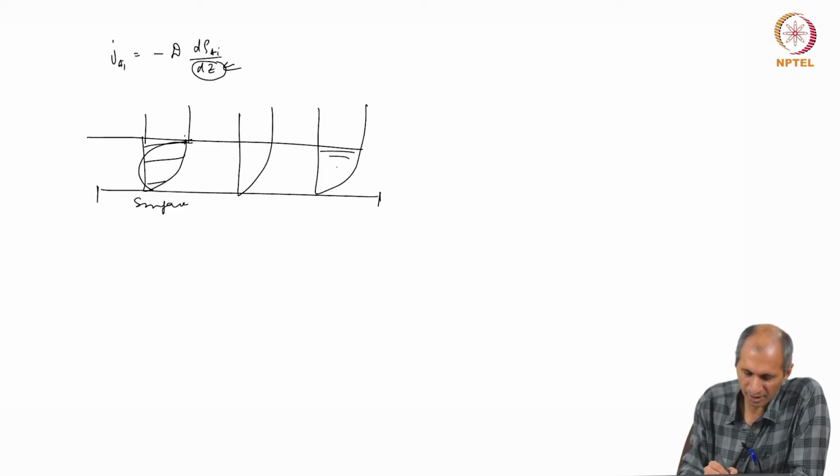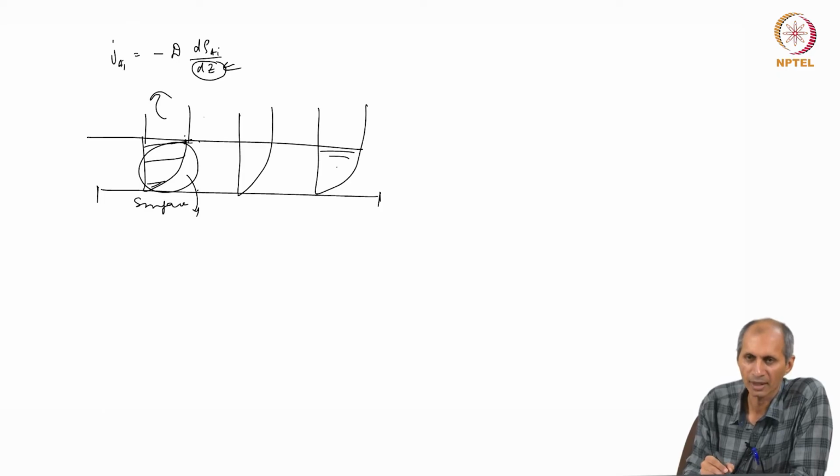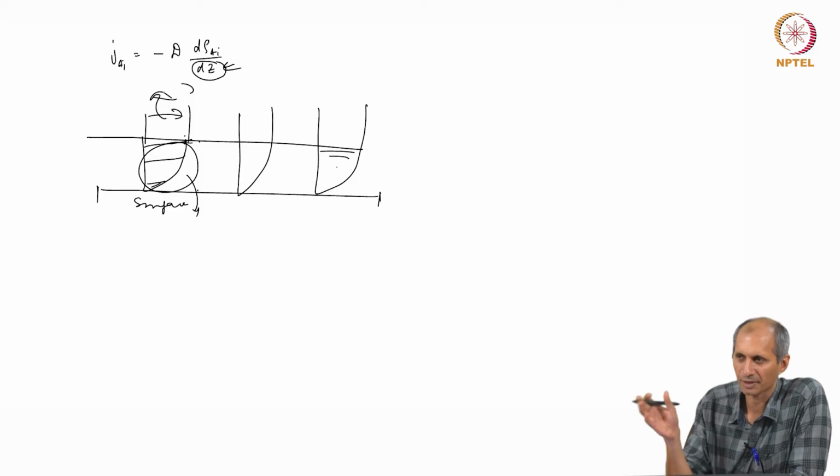So, there is a region from the surface where the influence of the surface is felt, where there is a change in the velocity. Beyond this point, the velocity is uniform.